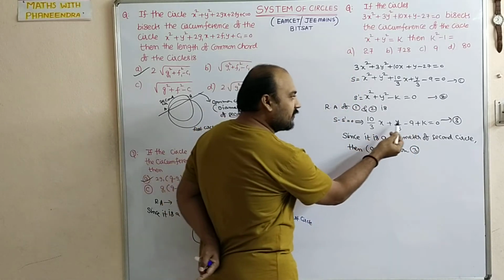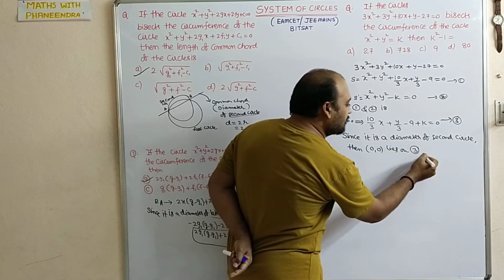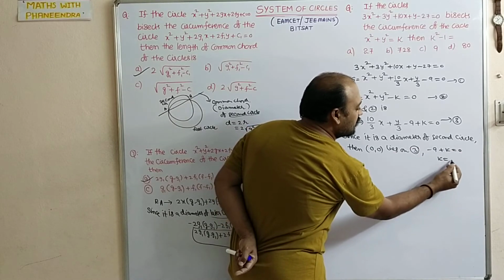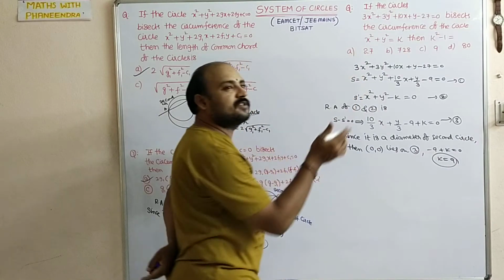So in place of x and y substitute 0 comma 0, you will get minus 9 plus k equal to 0. So k is equal to 9, but 9 is not an option.